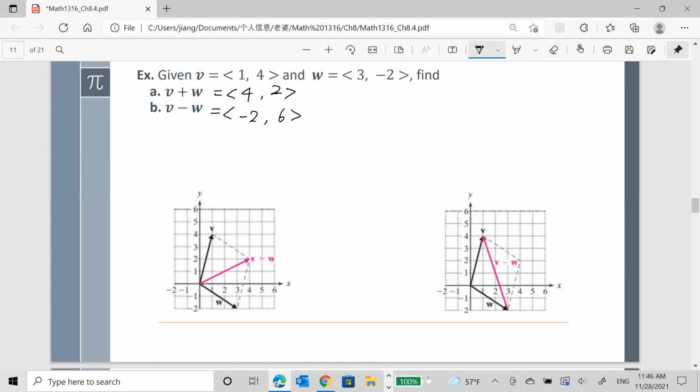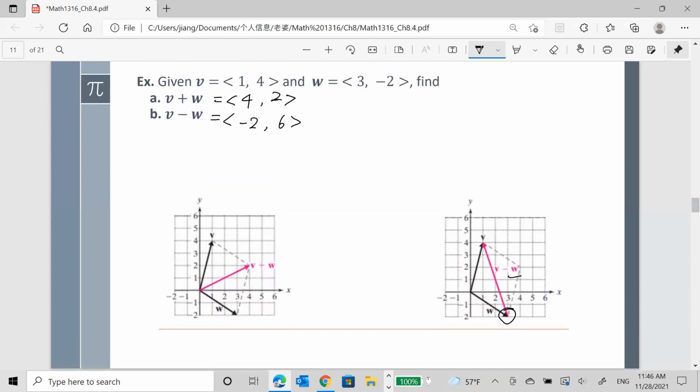Do you still remember, if we do the tail to tail, the result starts from the tip of W, because we minus W, and points to V. This diagonal is the subtraction.